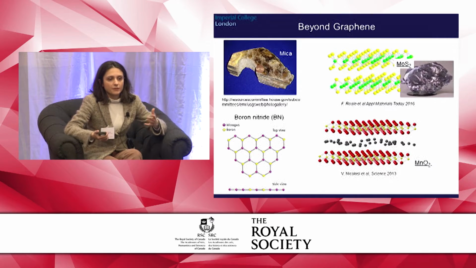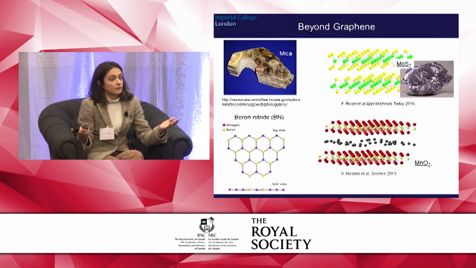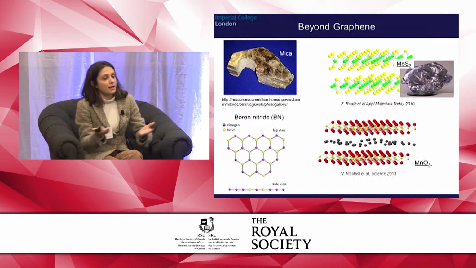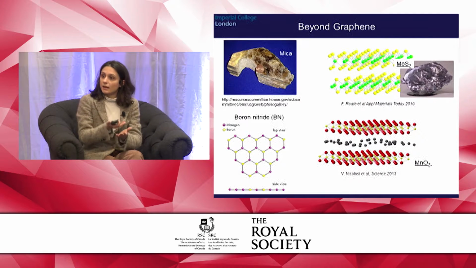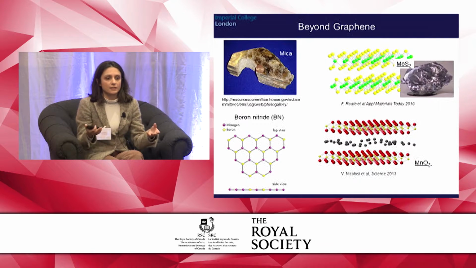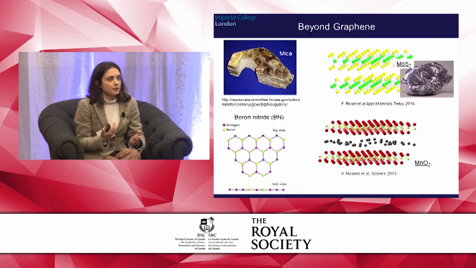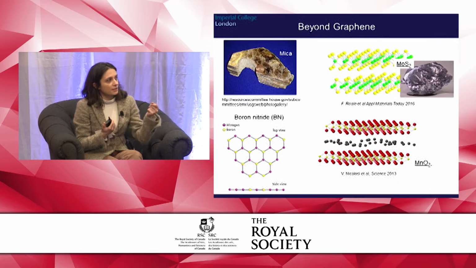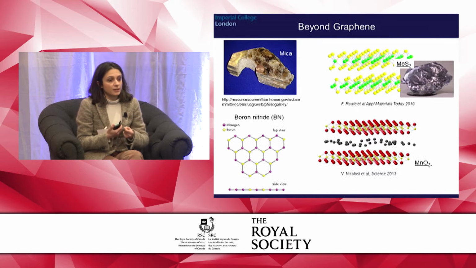Along with graphene, we can see in this slide there are many others. Here are just a few examples of layered compounds, layered materials that present a strong interaction in plane and weak interaction out of plane. So we can isolate triatomic layers of molybdenum disulfide or oxide materials, or we can have individual atomically thin layers like graphene formed by different atoms like boron and nitrogen.